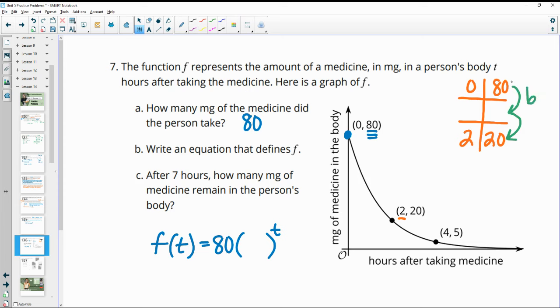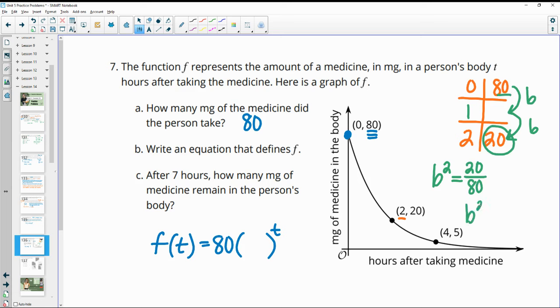And I'm going to call it B. So we're multiplying by B to get to this 1 at 1, and then we're multiplying by B again to get to 20. So we're actually finding out B squared here is equal to the new one, 20, divided by the original one, 80.